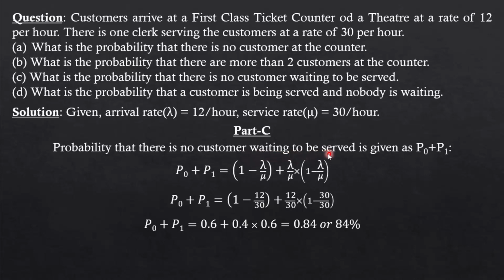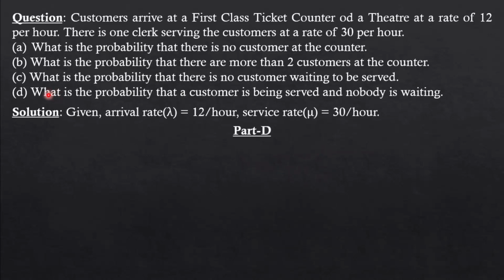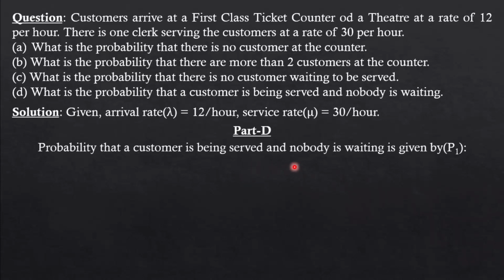Now let us move on to the last part. What is the probability that a customer is being served and nobody is waiting? So when a customer is served in a single server system, only one customer can be served and there is nobody waiting, that means there is no queue. So the only probability here is the probability of having one person in the system, and this one person is taking service.